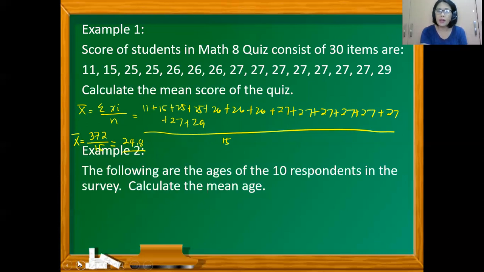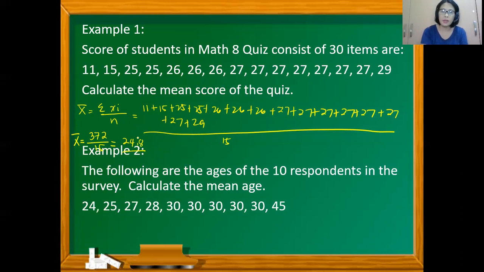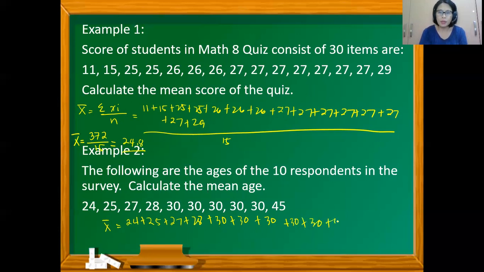So the following are the ages of the 10 respondents in a survey. Calculate the mean age. So we have 10 respondents here. This is equal to the sum of the ages of the 10 respondents, 1, 2, 3, 4, 5, so we have 530s, two more, all over 10.